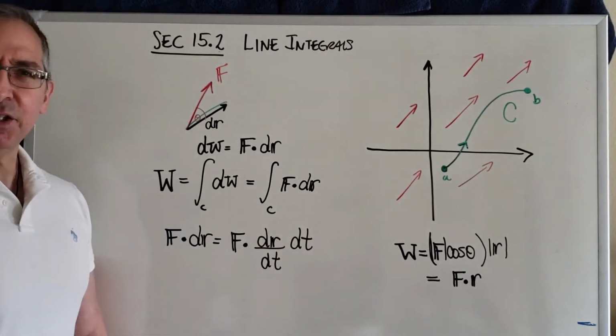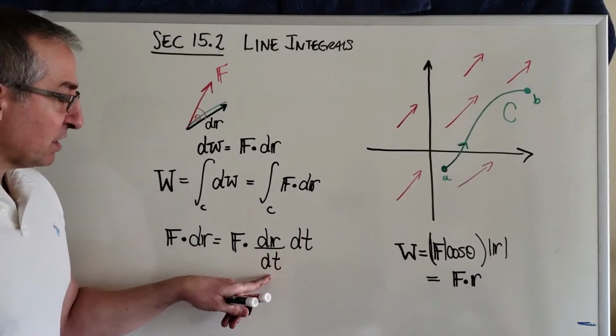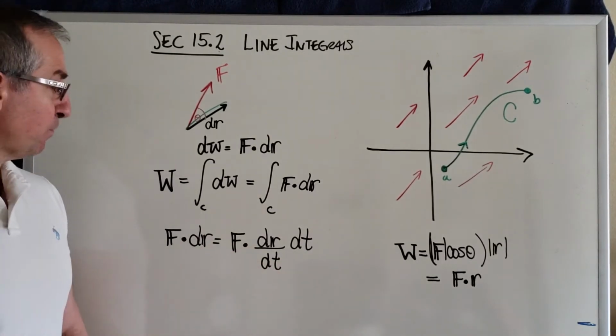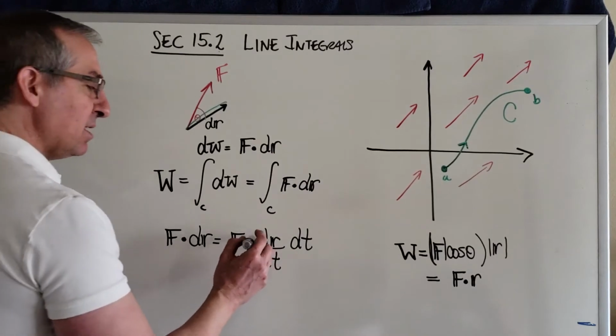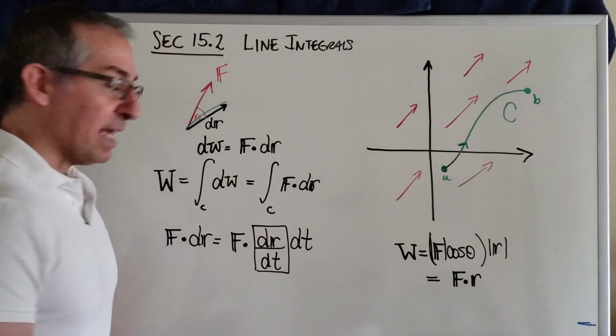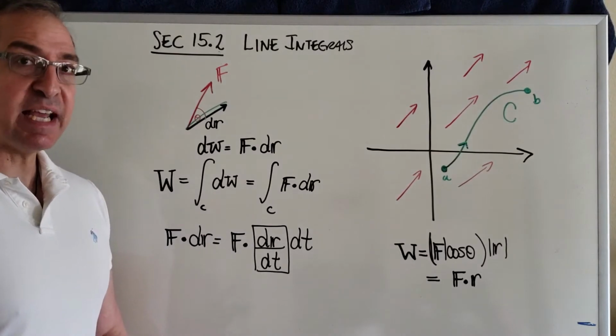Does that look about right to you, guys? Notice the differentials dt right here, and so it's equivalent. Do you remember what this is? Yeah, that was the tangent vector.